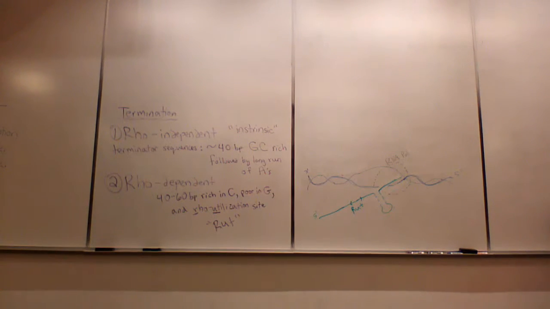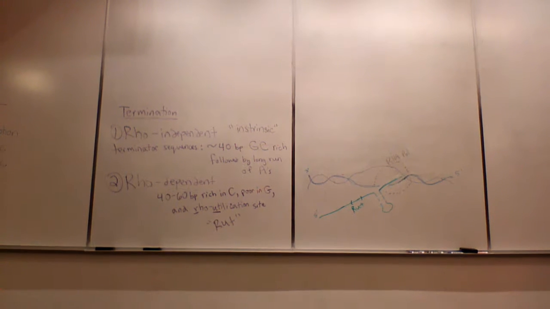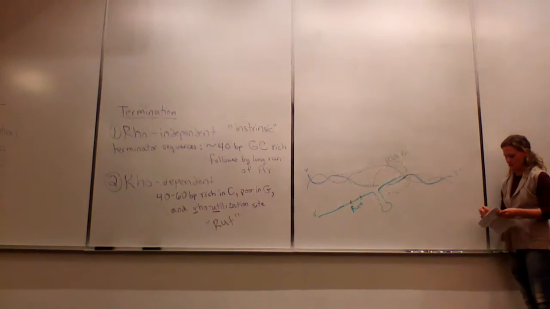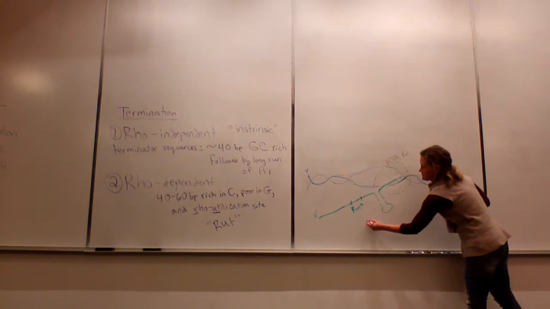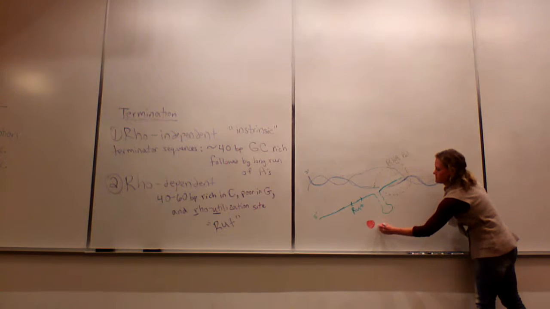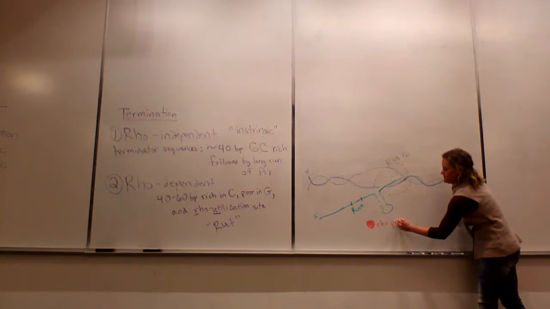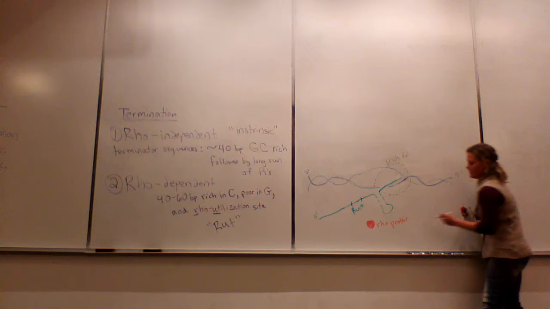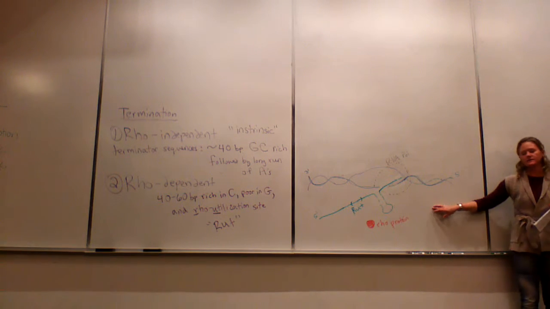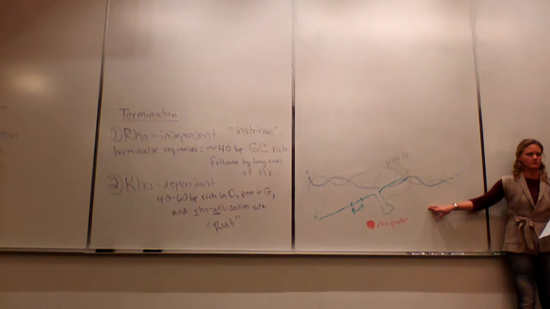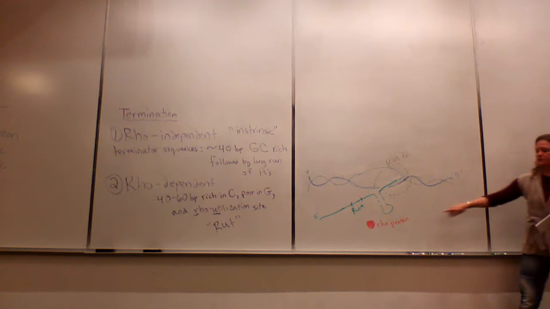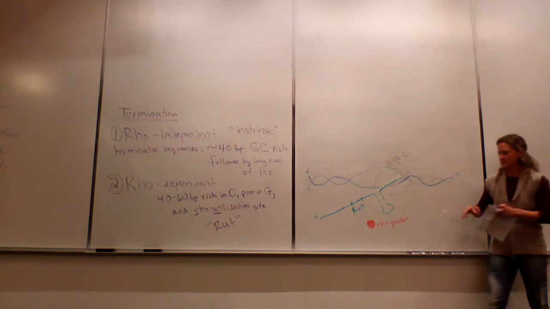And the way the Rho-dependent mechanism works is there's a Rho protein. I'm just going to depict it as this red circle. What Rho does is it recognizes that RUT sequence. So Rho will actually bind to that RUT sequence.